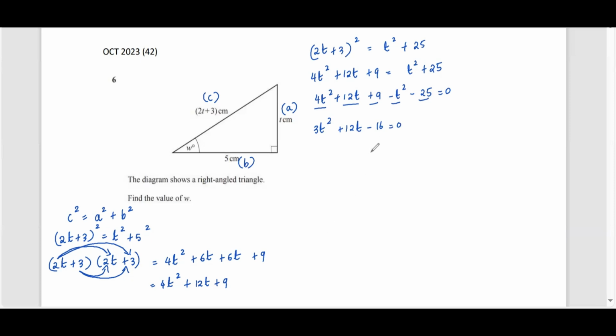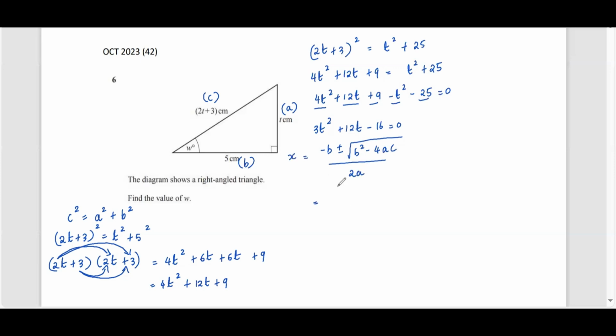Now, we can use the formula method here since we cannot solve this question by factorization. So let's go for the formula method. Minus b plus or minus root of b square minus 4ac divided by 2a. This is the formula method. X is equal to.